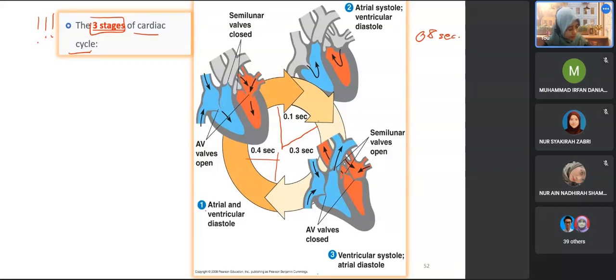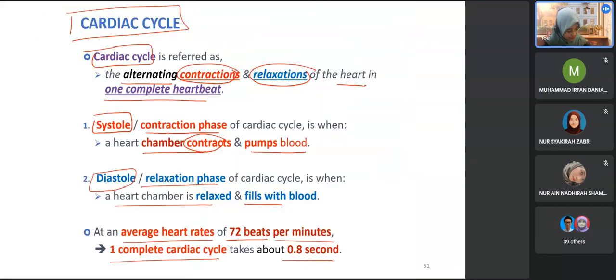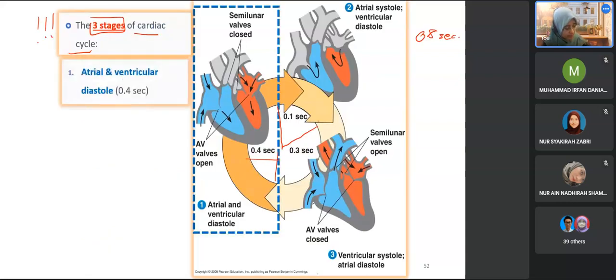Okay, so what happened during the first stage? It is the atrial and ventricular diastole. Diastole maksudnya the atrium and also the ventricle relax.